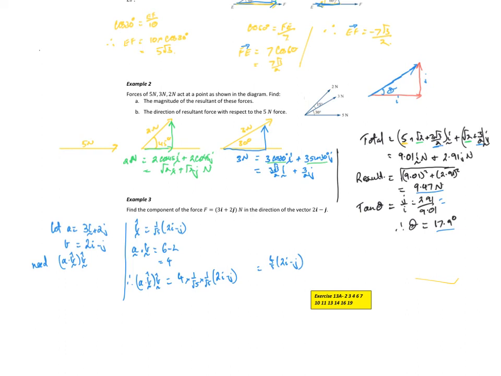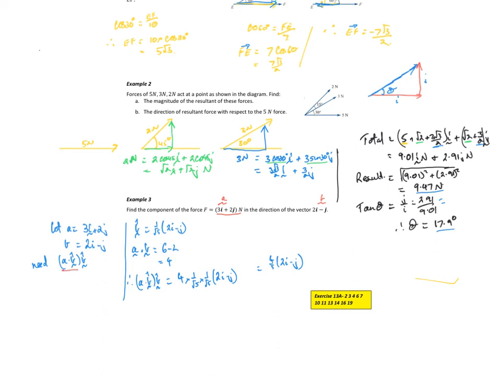All right. The final example is really just straight out of our vector knowledge. Find the component of the force 3i plus 2j that's acting in the direction of the vector 2i minus j. In other words, what component of vector A is in the direction of vector B? That's just our standard vector resolute definition.